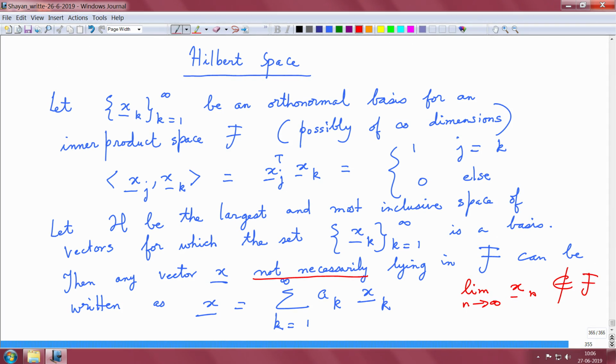I can have a limit of this vector or a limiting vector, and the limiting vector need not be part of this space. That is the reason why we want to bring in this notion of another space which is larger than this space F, which is inclusive of this condition. So, this is a subtle issue, and we will discuss this property as we go through the rest of the details within this module.